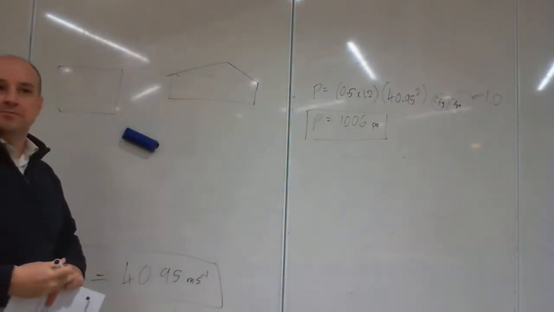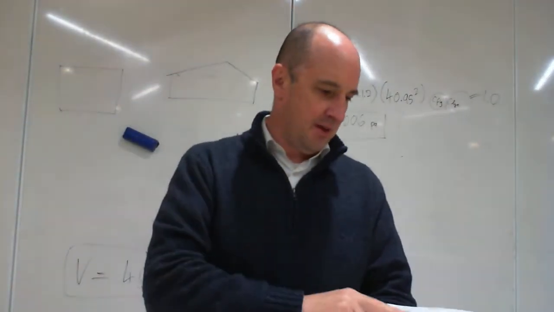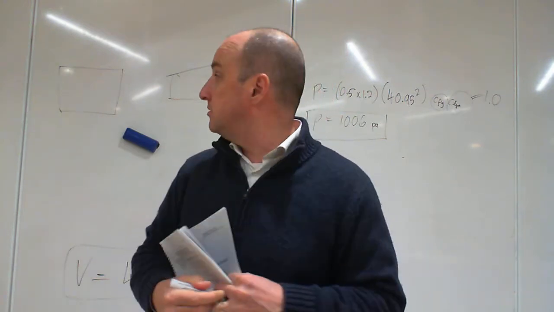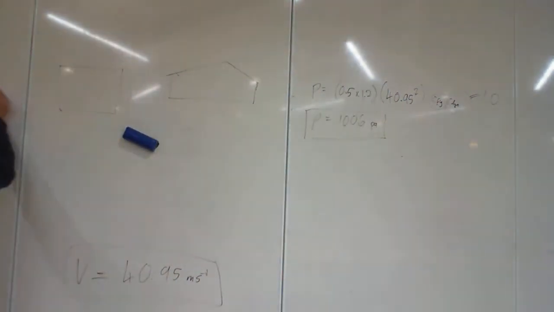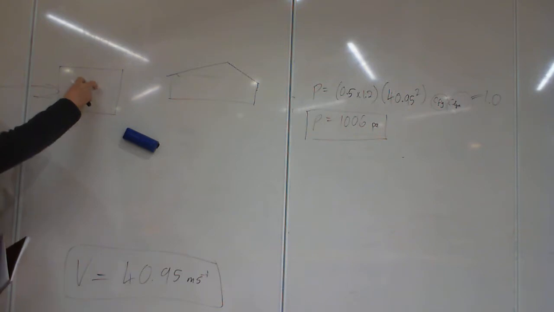Okay. You work through chapter 5, and you'll see that there is an internal pressure. Let's say the wind's blowing this way. Okay. There will be an internal pressure, pulling inwards or pushing outwards, inflating or deflating that whole building.